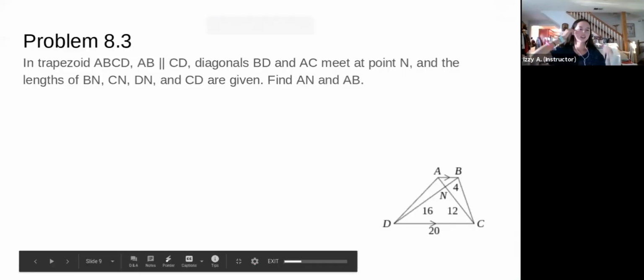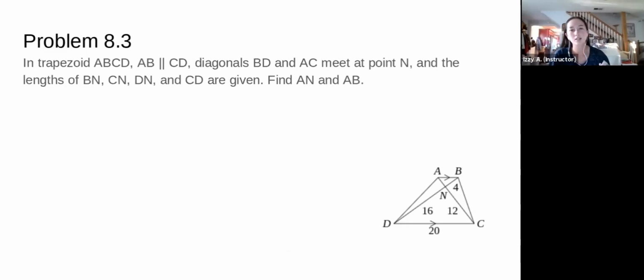All right, so problem 8.3: in trapezoid ABCD, AB is parallel to CD, diagonals BD and AC meet at point N, and the lengths of BN, CN, DN, and CD are given, and we want to find AN and AB. So I'll leave this up here.